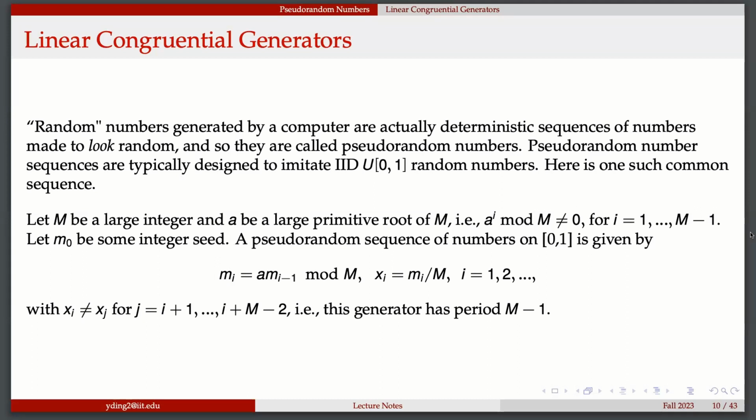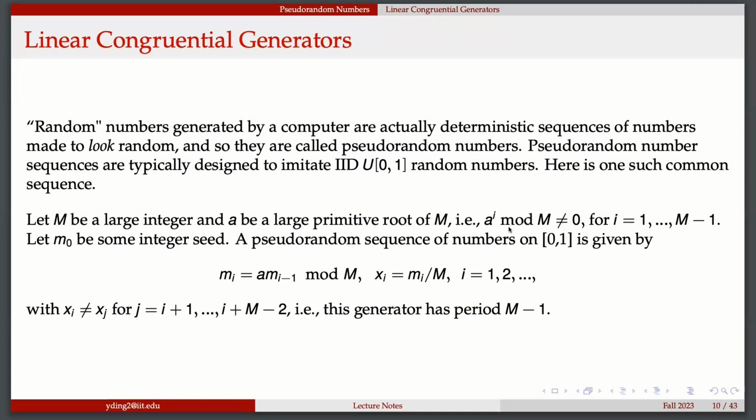One easy idea to generate the pseudo random number is called the linear congruential generator. The idea is you choose a very large or huge integer m. This one can be pretty large, because if it's small, then you can only generate some simple random numbers. Then you choose a to be a large primitive root of this m.